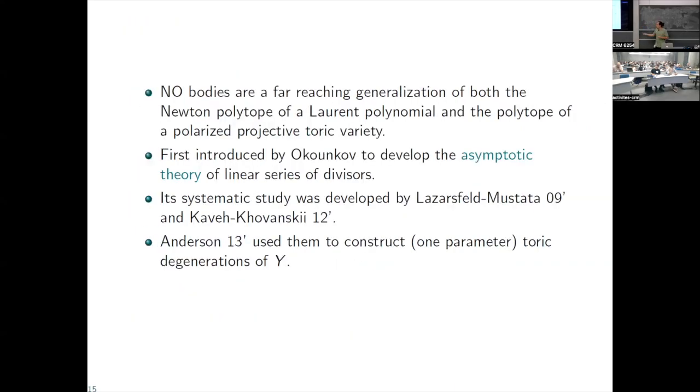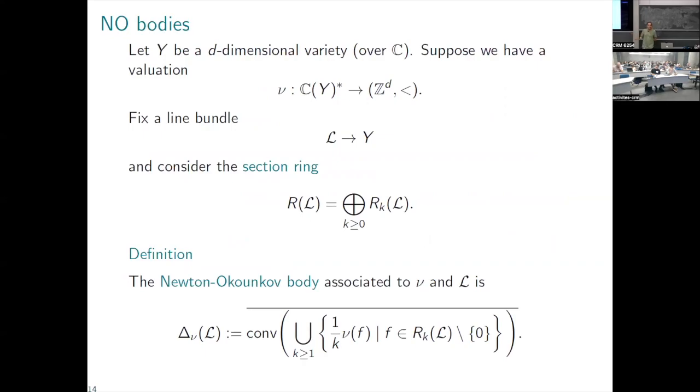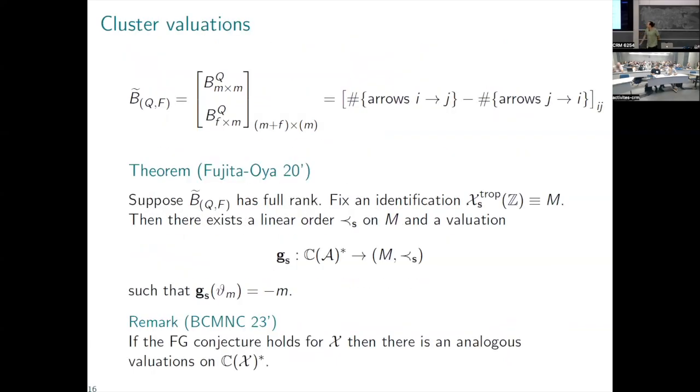First of all, in order to construct these Newton-Okounkov bodies, I need various things. I need a variety Y, that is going to be a partial minimal model of a cluster variety, and a valuation. We can use the cluster structure to compute these valuations. In order to construct cluster valuations associated to the cluster structure, we need that this matrix that I'm defining here has full rank.